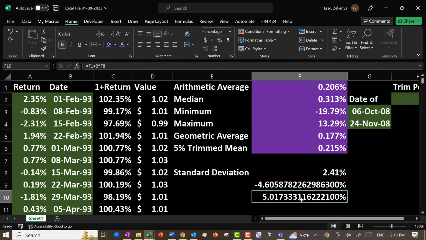That's a big number. Or alternatively, about roughly 2.5% of the time, returns are going to be less than negative 4.6% in 1 week.